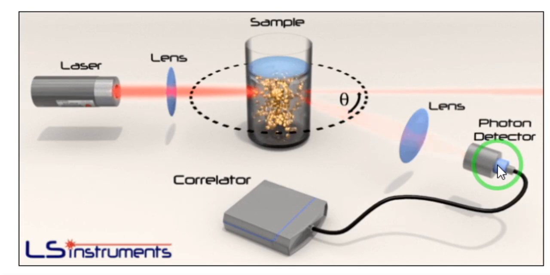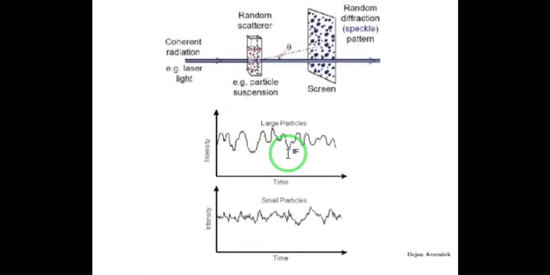And I showed you the pattern as in this picture, and you saw that for the large particles, due to the slow motion, they have slower movement within the medium, and the change of the scattered light will be slower. On the other hand, for the smaller particles, due to moving more rapidly and faster, you will see the change in the intensity happening in a faster way. So this was the basic idea.